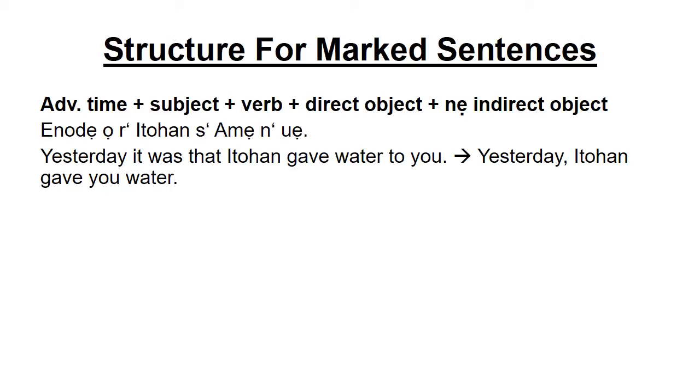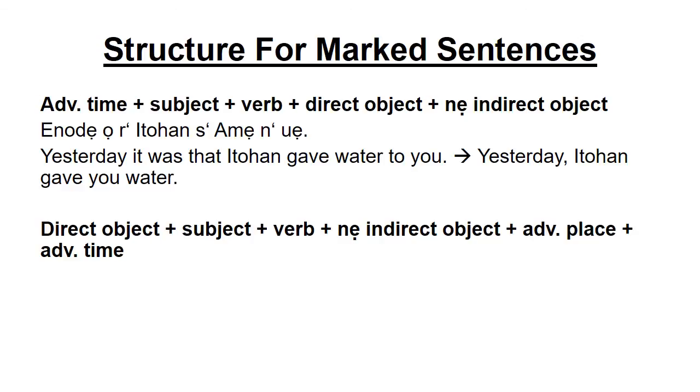Yesterday it was that Itoan gave water to you. Yesterday Itoan gave water to you. But the emphasis is really on enode, because they are trying to show that it wasn't today, it wasn't last week, it was yesterday. So there's the emphasis there.